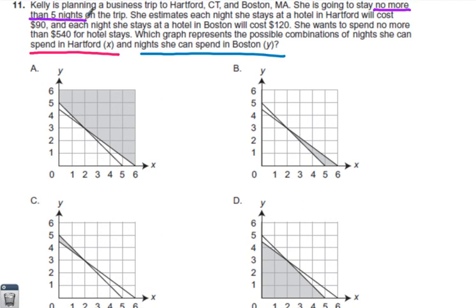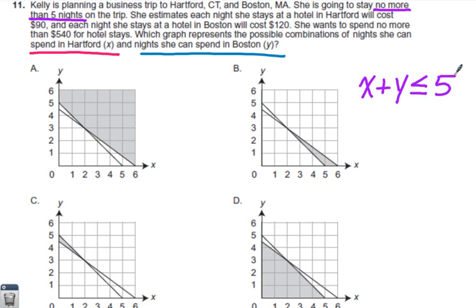That means if we add up the number of nights in Hartford with the number of nights in Boston, that should be no more than 5. So that needs to be less than or equal to 5, which is the mathematical translation of no more than 5. And now we want to spend what?